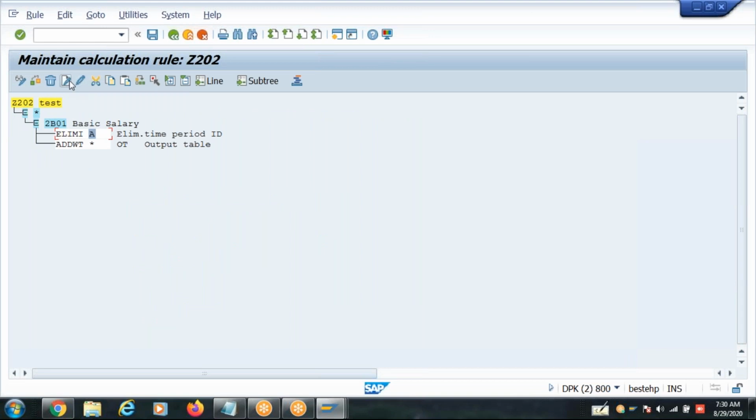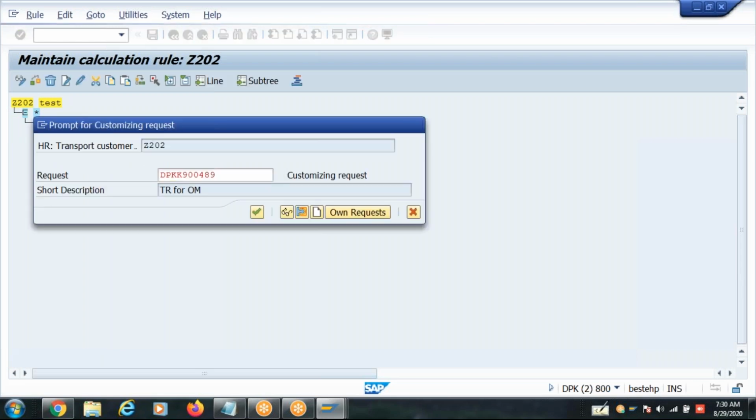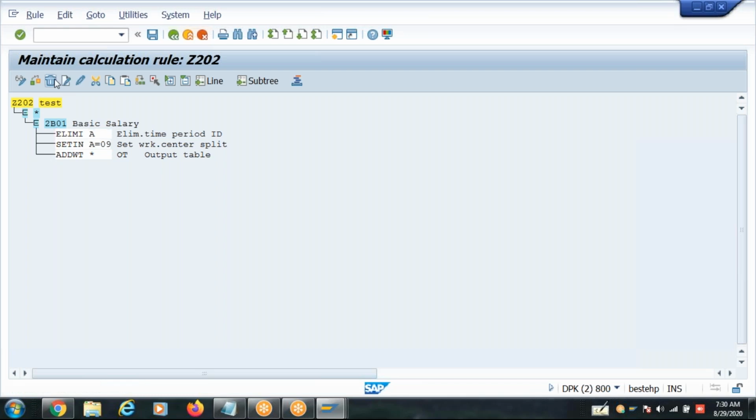Now, if I want to set some other split, set in, again similarly, same indicator, A equal to 0.9. So for every 2B01 entry, I don't need this, right? Anyway, I'm overwriting it. Why we need eliminate operation? I am overwriting 2B01 split indicator, it may have a 0.1, 0.2, 0.3, etc. But after this operation, it will be overwritten to 0.9.